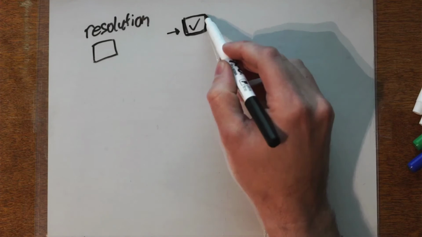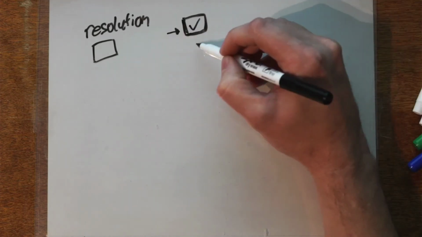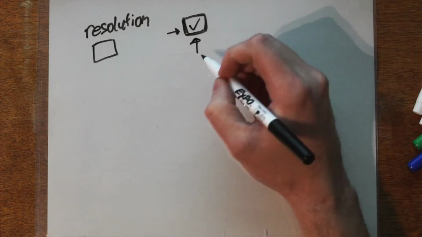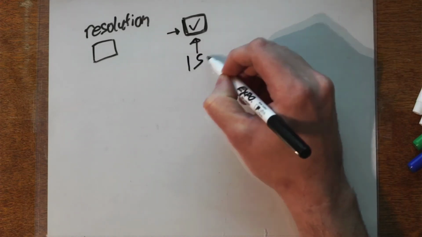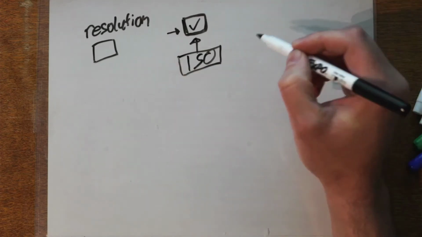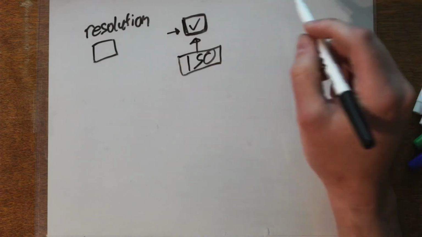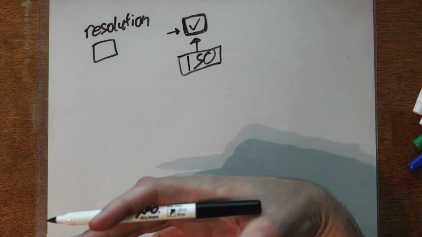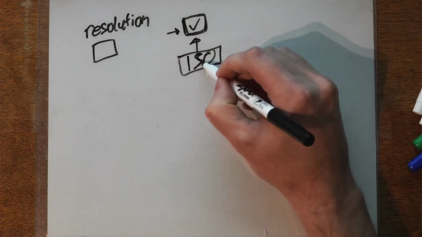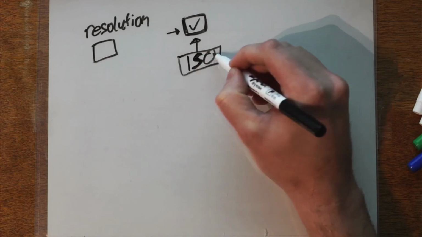How well can we do with that ability? And this ability, how little light we can get into here, is something that you'll see on a camera is referred to as ISO. This doesn't mean anything. These letters are from film days. It is anachronistic to the nth degree. ISO is just a number.